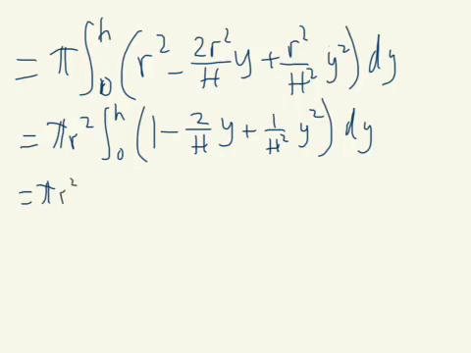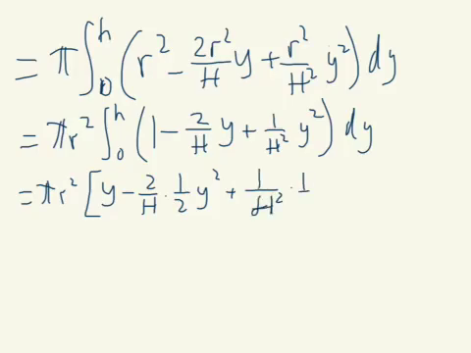So pi r squared, this becomes y minus 2 over h times 1/2 y squared plus 1 over h squared times 1/3 y cubed, evaluating that at h and 0. Okay, getting close. When you plug this in, it's really nice.